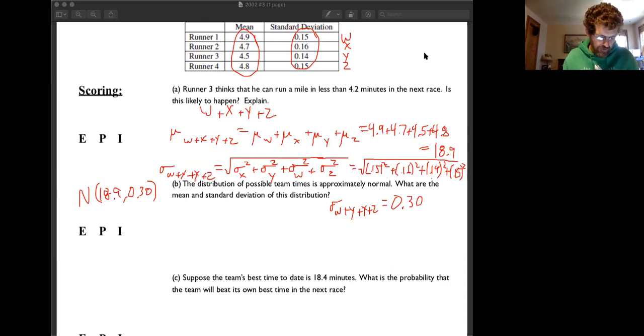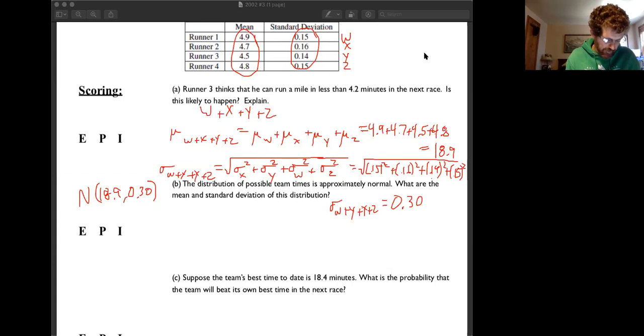Okay, so now, of course, I found the standard deviation and the mean, but just to reinforce it, it's good to write a sentence. So the mean and standard deviation, and this is where you might take a second to think about how you want to phrase it. I'm doing this quickly.